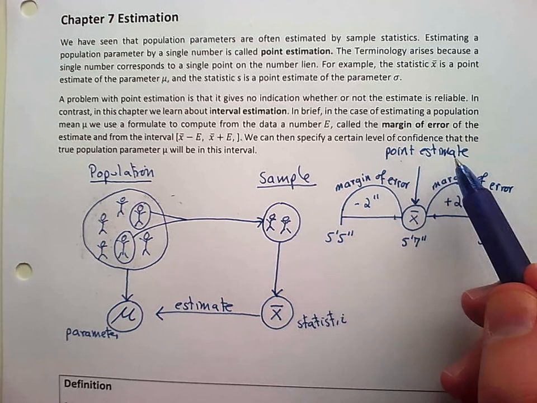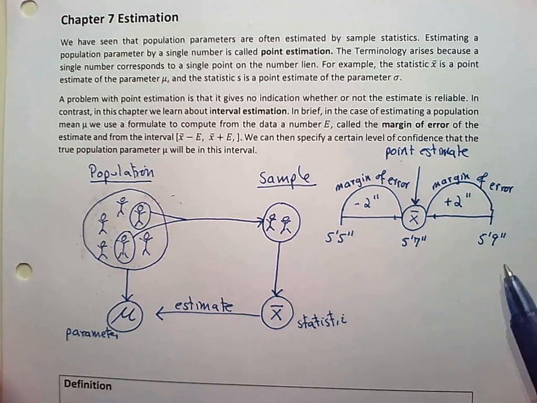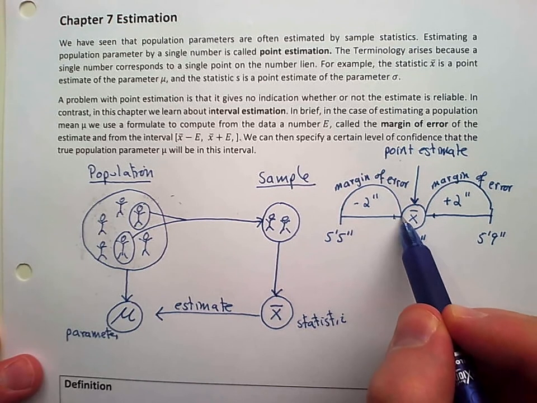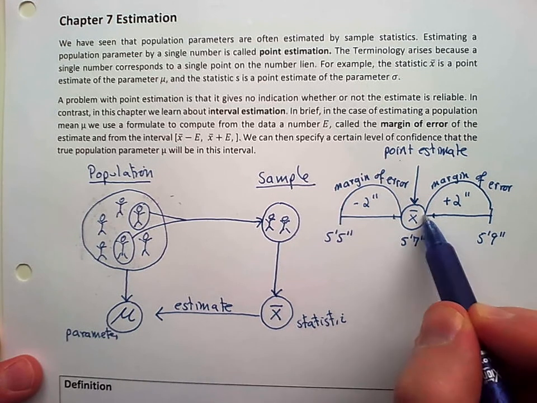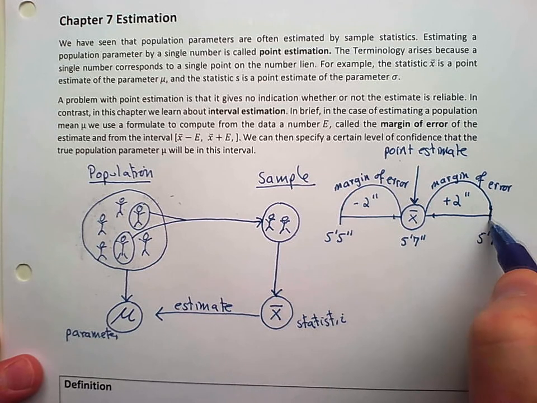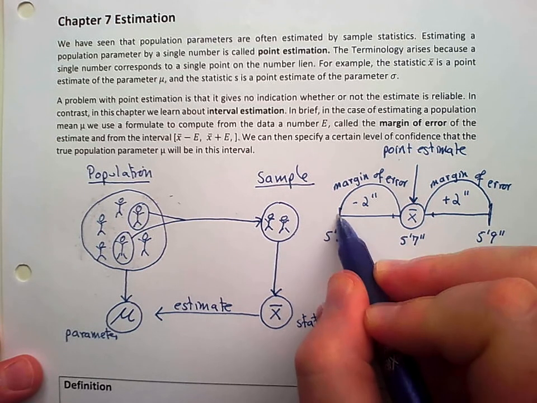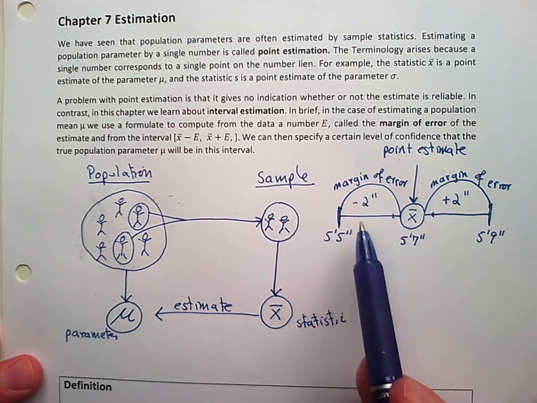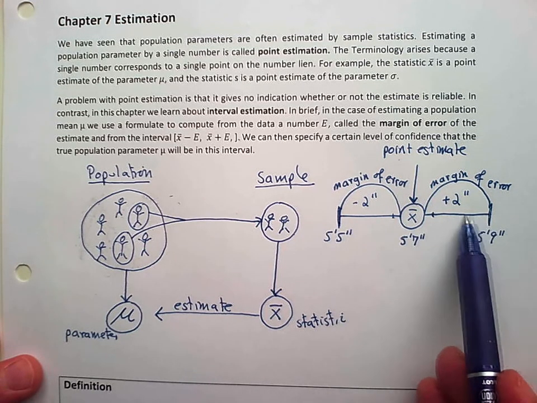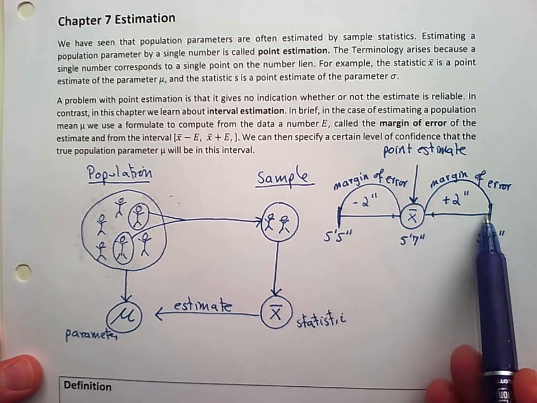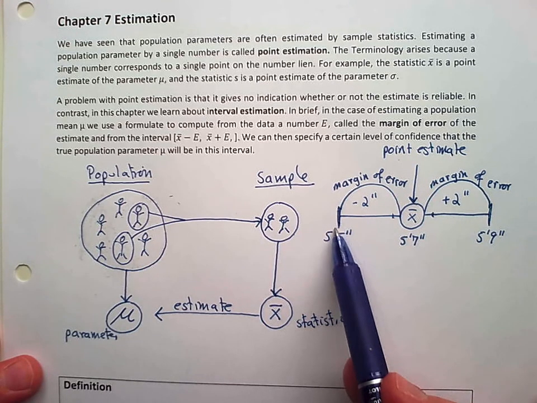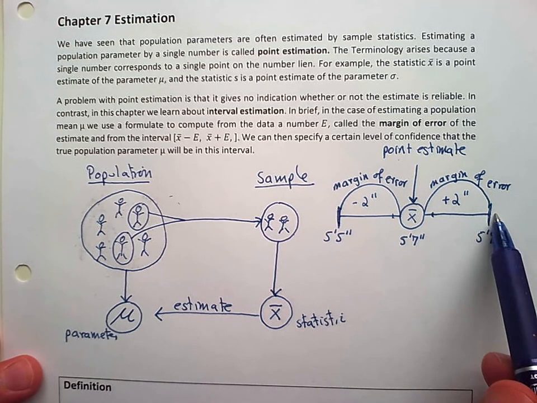So just this one number, that's 1 point on the number line, so that's why we're going to call it our point estimate. However, once we subtract our margin of error and add our margin of error, now what we've done is we've created an interval of values in which we think that the average height of all students at UNC Charlotte is. So we're creating an interval somewhere between 5'5" and 5'9".